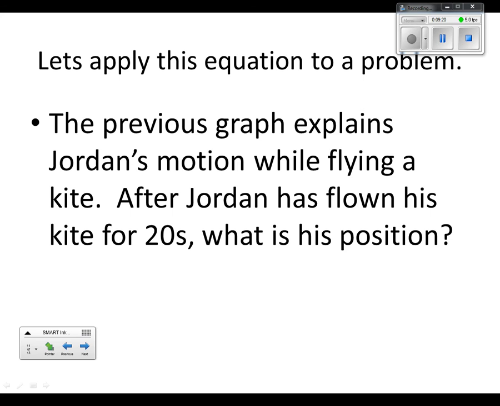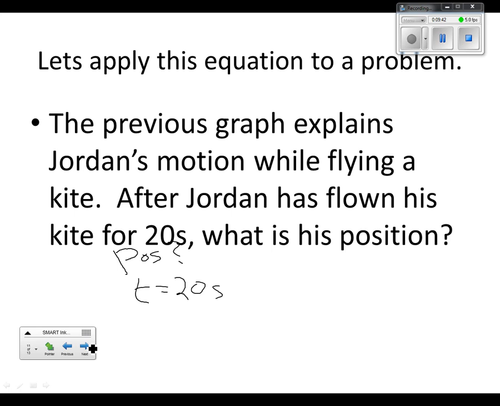Okay, so let's apply this to a problem. Now you can take your equation and solve a problem with it. The previous graph explains Jordan's motion while flying a kite. After Jordan has flown his kite for 20 seconds, what is his position? So you're trying to find position. Your time is equal to 20 seconds.